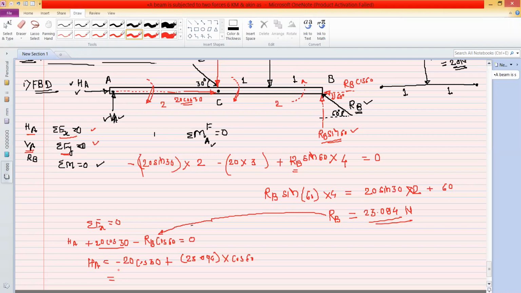If you solve this equation, you can find out the reaction HA. So HA is equal to minus 5.77.